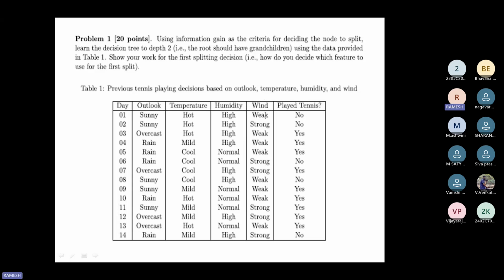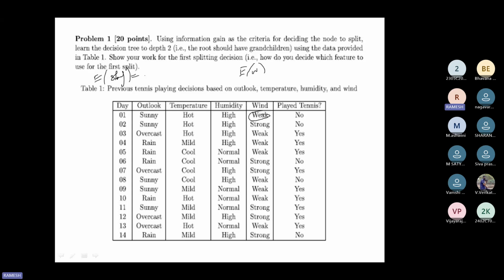Now here, how will we calculate the entropy of weak first? Entropy of weak, and here we'll calculate the entropy of strong wind, entropy of strong.